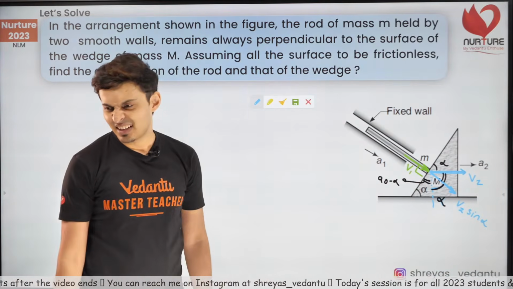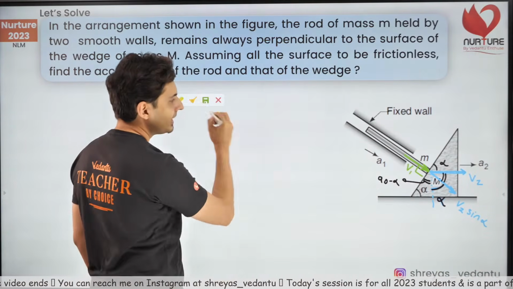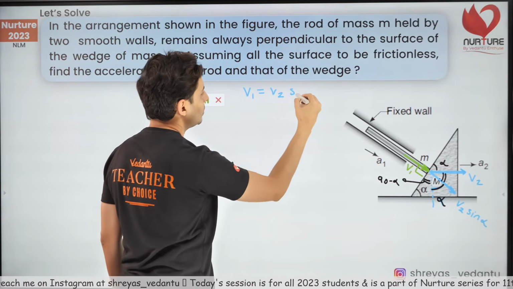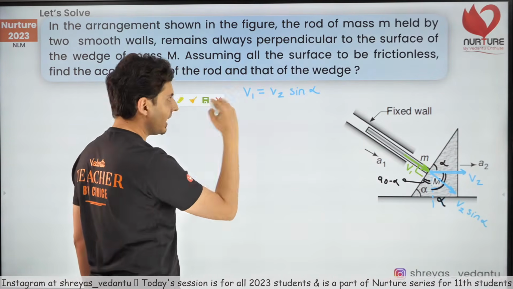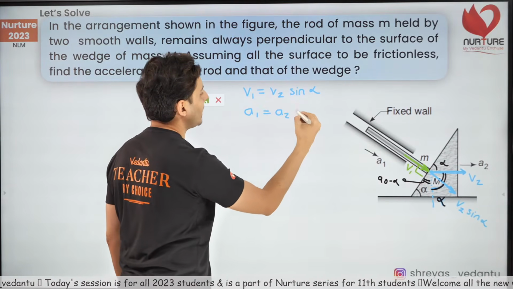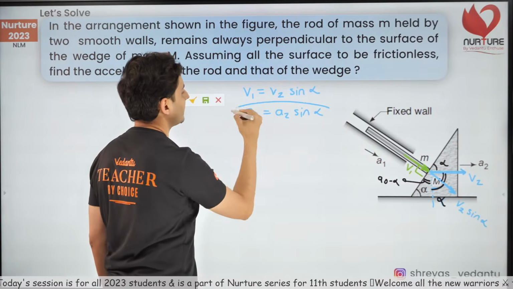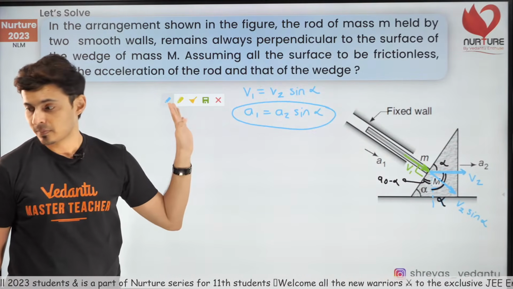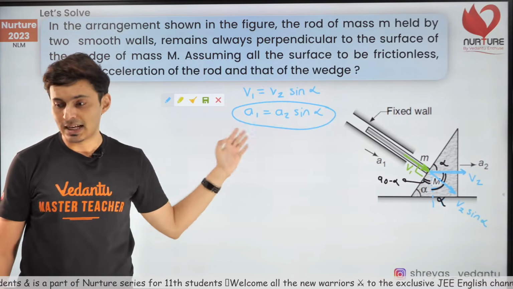Is that clear? So all you need to do is equate these two. So v1 is equal to v2 sine alpha. Therefore, if v1 is v2 sine alpha, a1 will be equal to a2 sine alpha. That's it. So we have got the relationship between the accelerations.